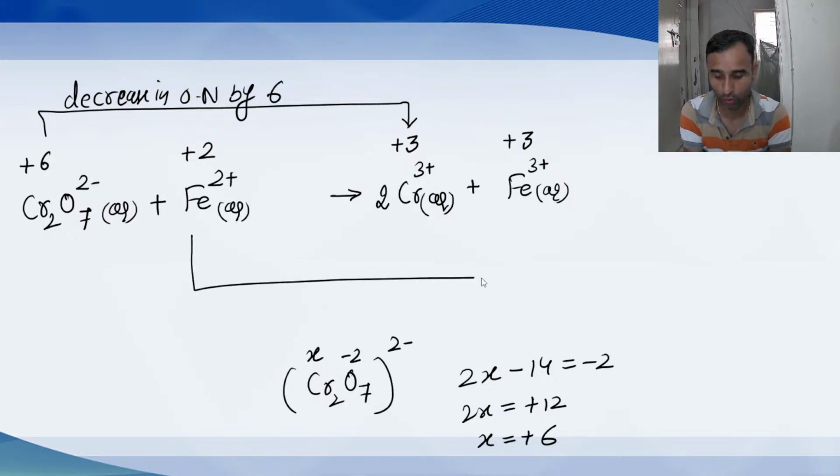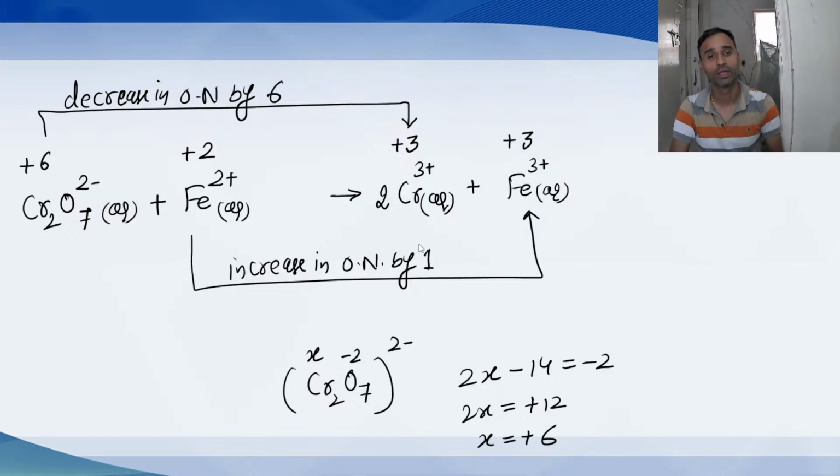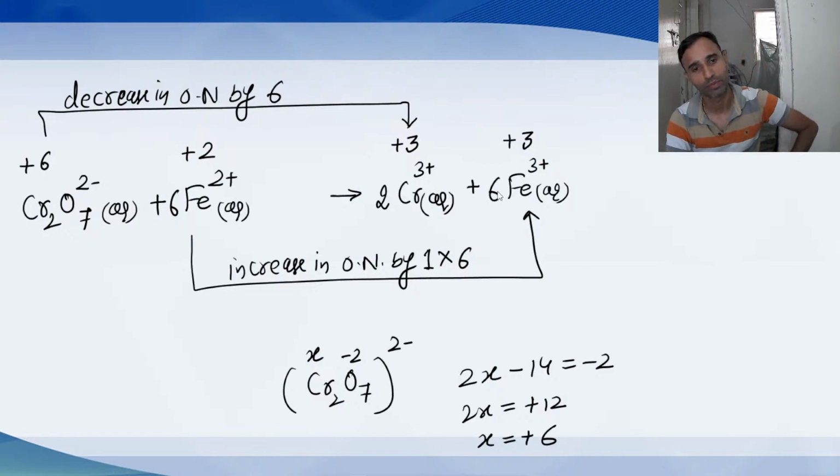Now come to Fe2 plus, an increase in oxidation number by 1. So decrease and increase should be equal. So we multiply by 6. So 6 Fe2 plus, 6 Fe3 plus.